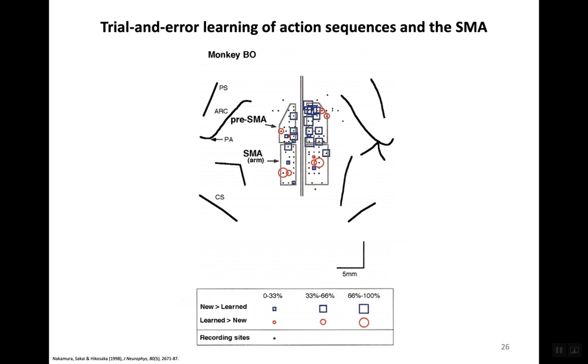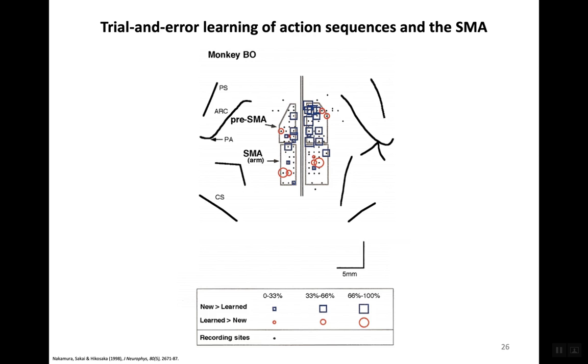And the converse happened within the pre-SMA, where some neurons were very active during the learning stage, but then they became more and more quiet as the monkey successfully managed to keep track and to execute those specific series of movements.